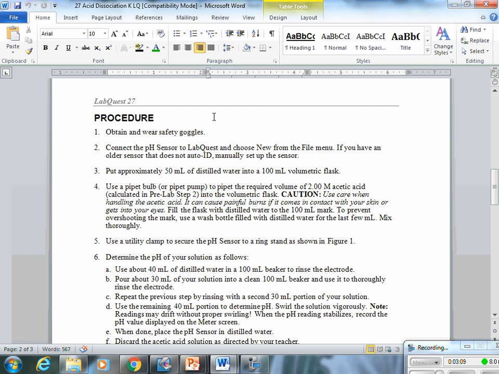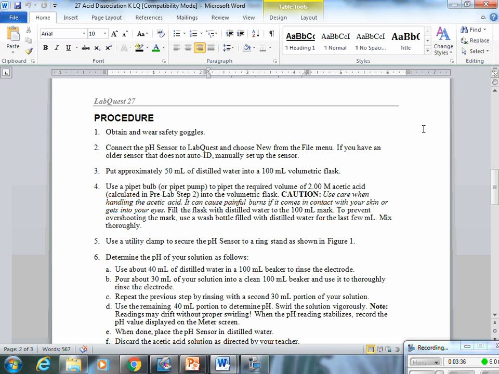All right, the procedure, what you're going to do is you're going to hook up a pH sensor to the LabQuest, and we will use the pH sensor to determine a pH. Once you've determined that pH, you can use the pH equations that we've been dealing with to calculate the hydrogen ion concentration.